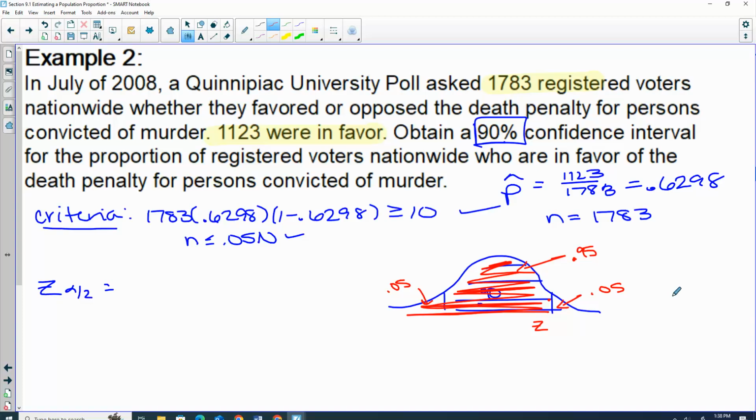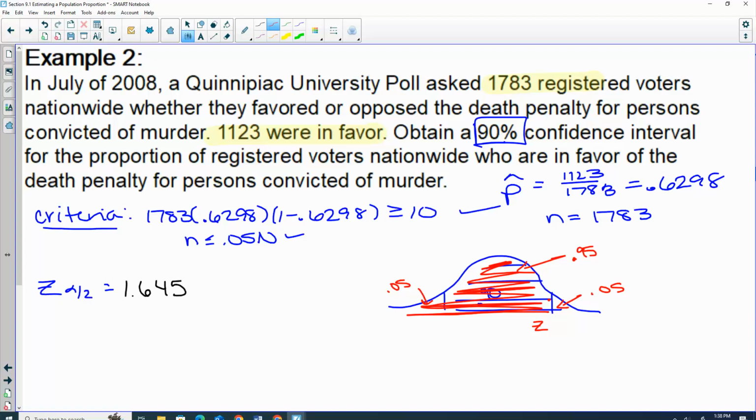So in the center of the table, looking for 0.95, as close as we can get: 1.645. Because it falls in between 1.64 and 1.65.